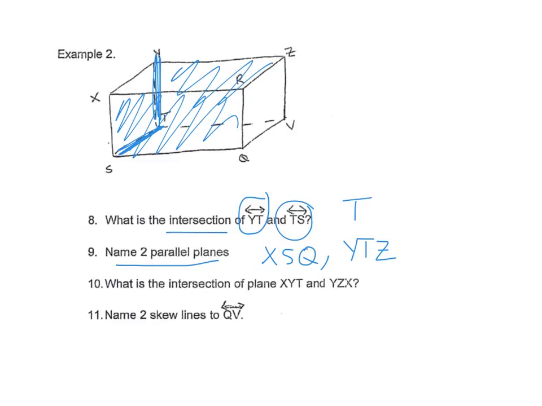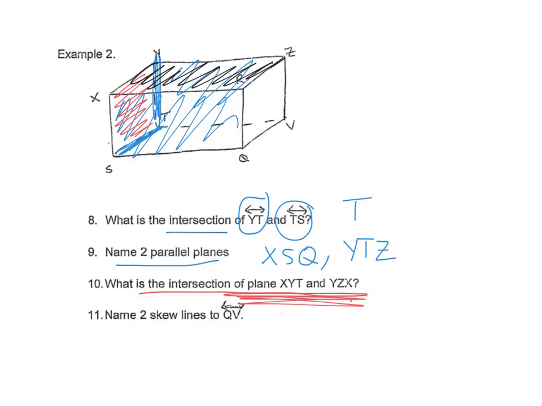And what is the intersection of the plane? Remember, when two planes intersect, you get a line. So I'm going to shade X, Y, T. This is getting kind of ugly. And I'm going to shade in black Y, Z, X. Oh, it's the top.